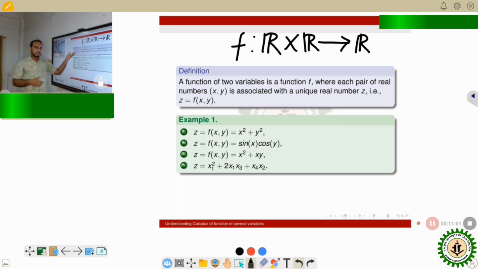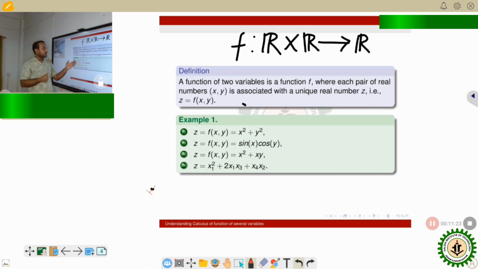So for a function of 2 variables, it is a real valued function from R cross R to R, and it can be written in mathematical notation as z equal to f of x, y. Here z is the output real number, f is the function of 2 variables, and x and y are the parameters.